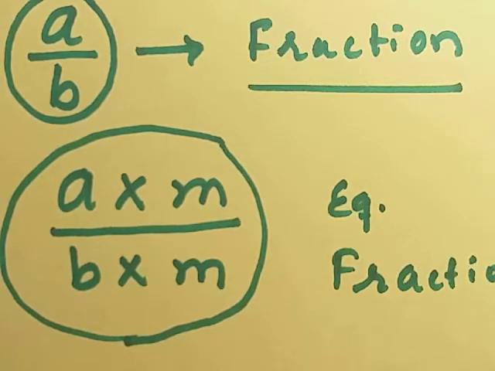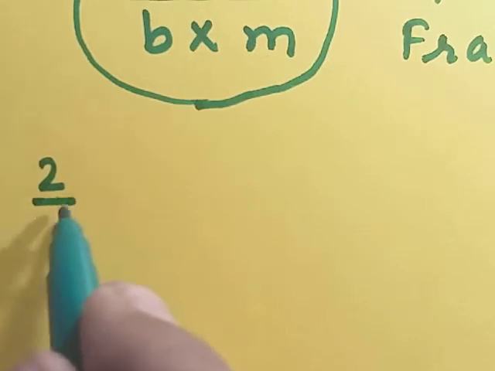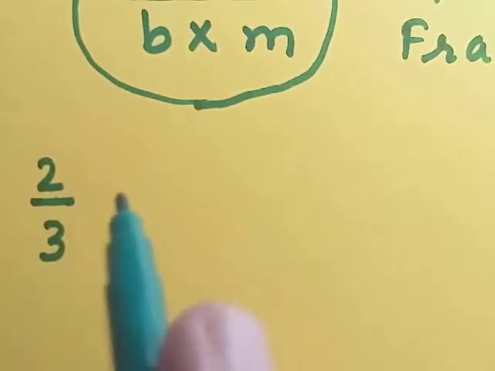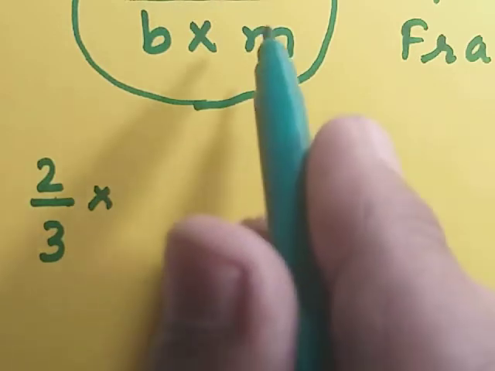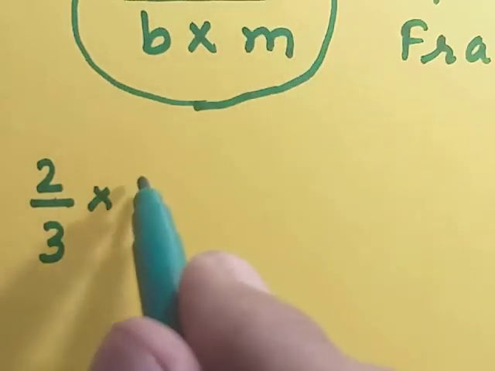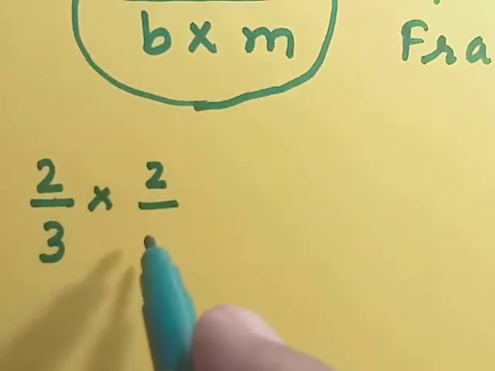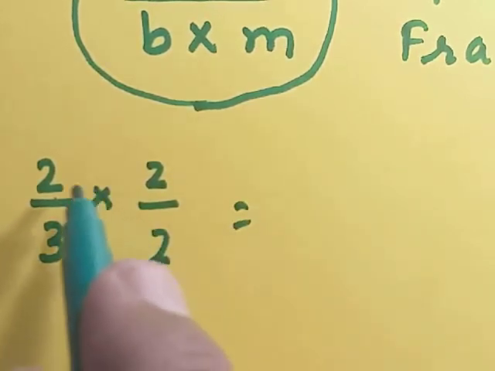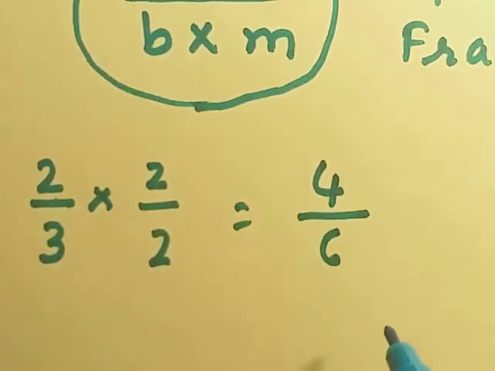For example, let us take an example now. 2 by 3 is a fraction. Let us multiply this by some number M, meaning we can take any number. Let us take M as 2. That is equal to 2 2s are 4 and 3 2s are 6.